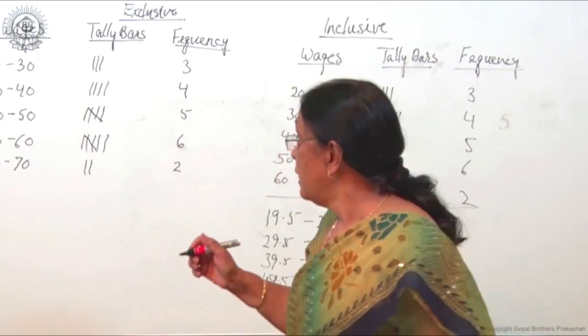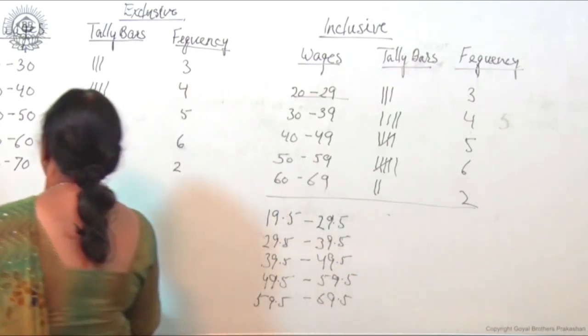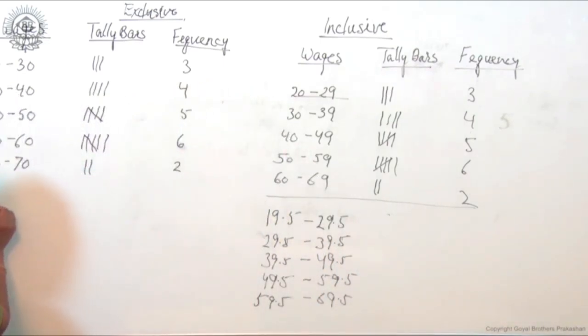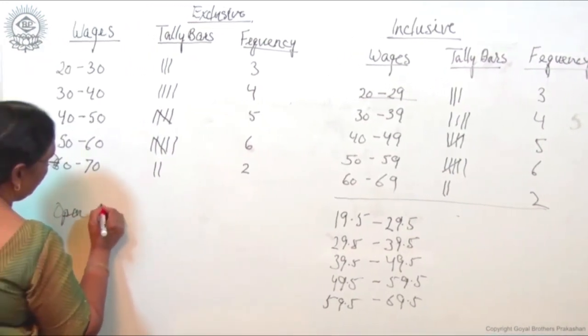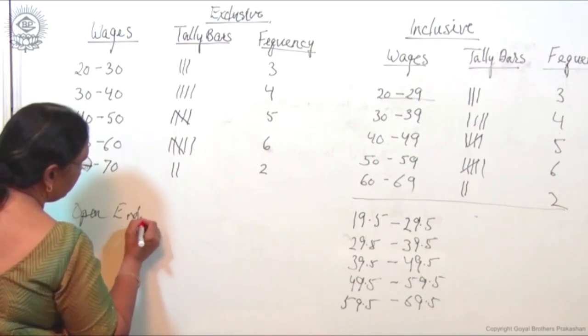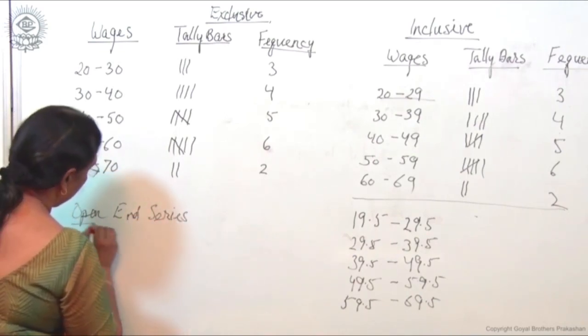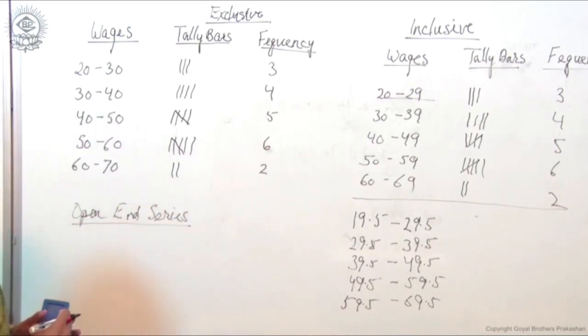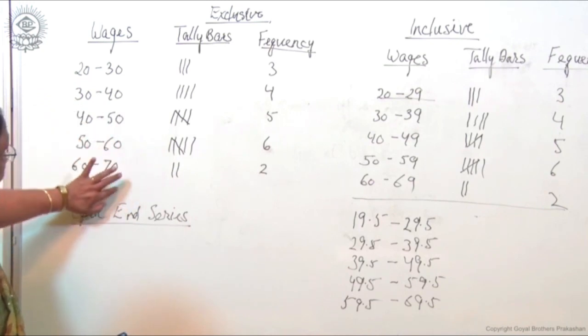And after this, the third type of distribution is known as open end series. Now what are open end series? The same example I will give you. What does it mean? Open end means ends are open.